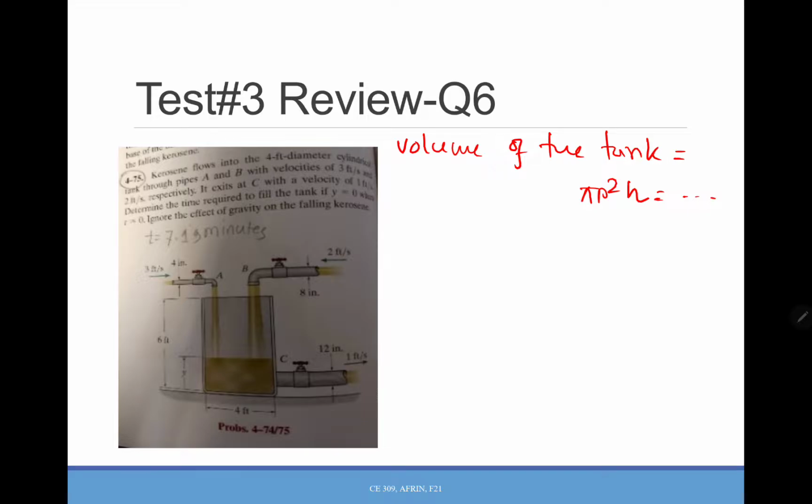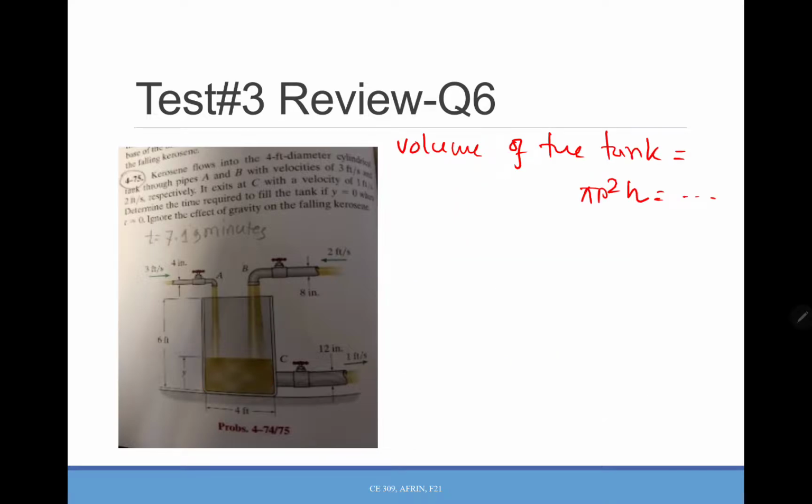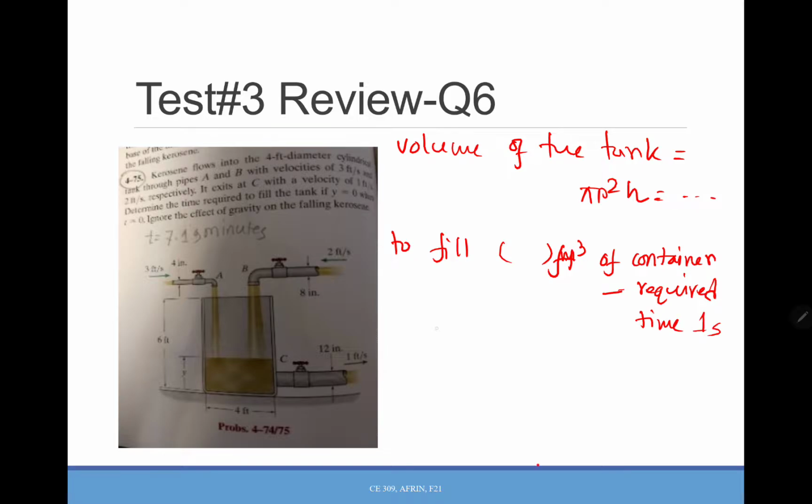Now the one you got here, the feet cube per second, you can say that to fill that amount of feet cube of container, the required time is 1 second.